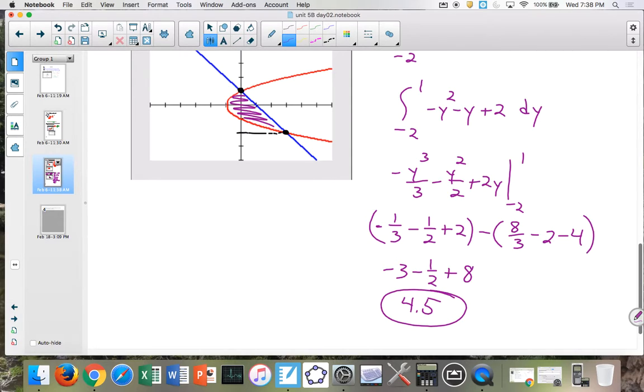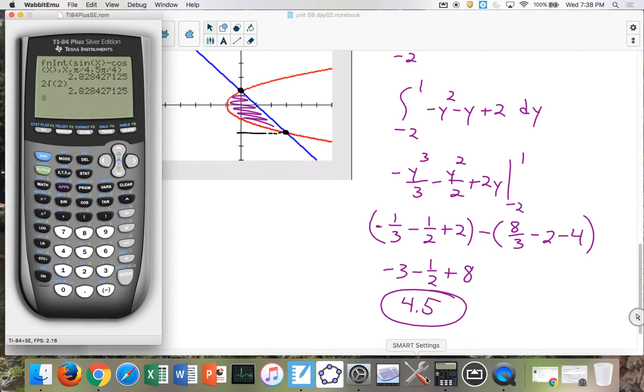And we can double check that with the calculator. If you've never done this with respect to y, I can punch it in that way too.